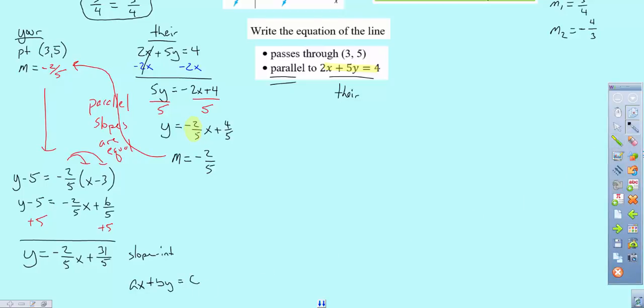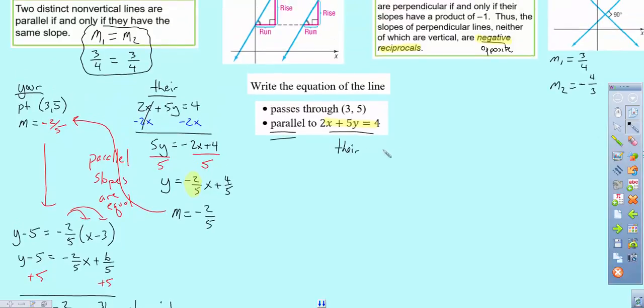On the other end of the spectrum, they might tell us that instead of being parallel, our two lines are perpendicular. If that's the case, I would do the same thing. I would take their line and find the slope of their line. We have the point, so our point is 3, 5.